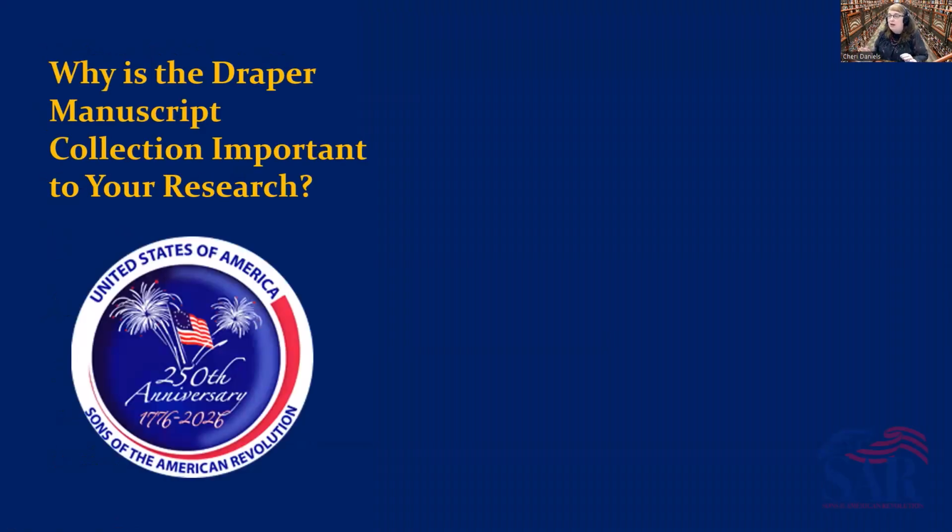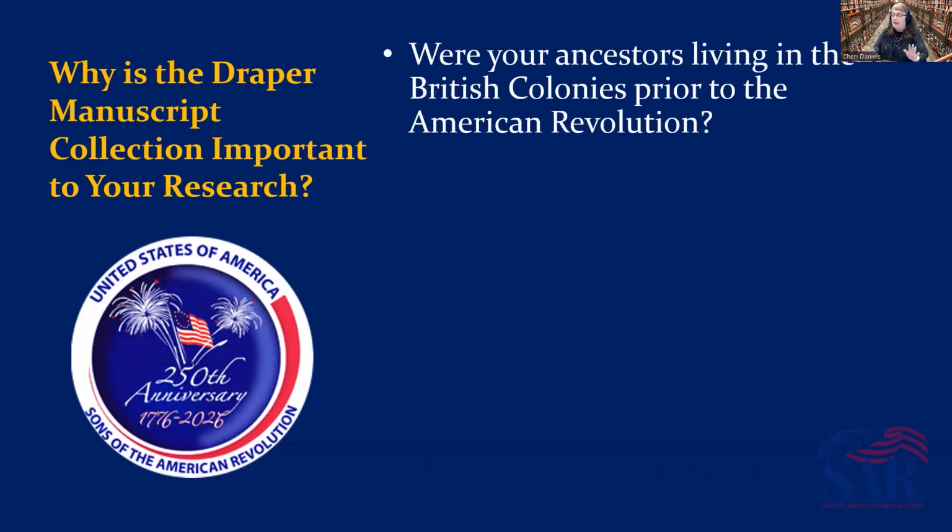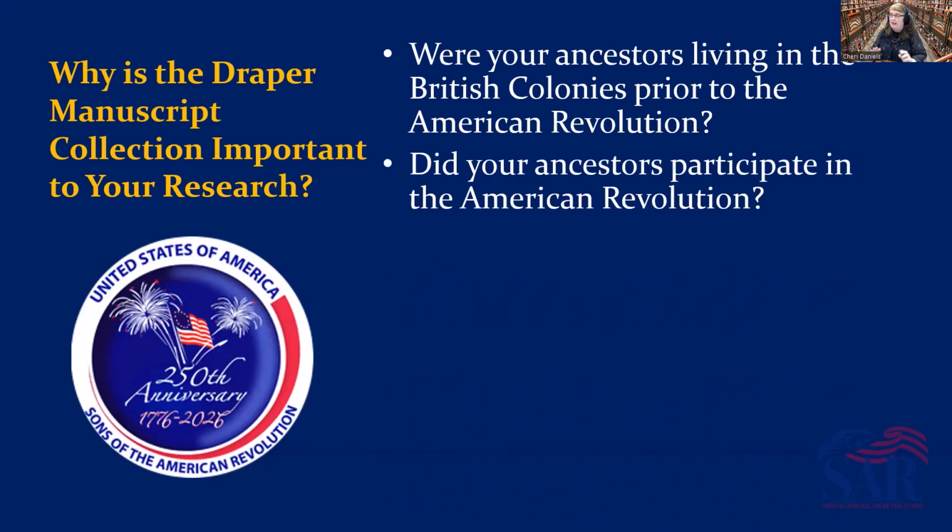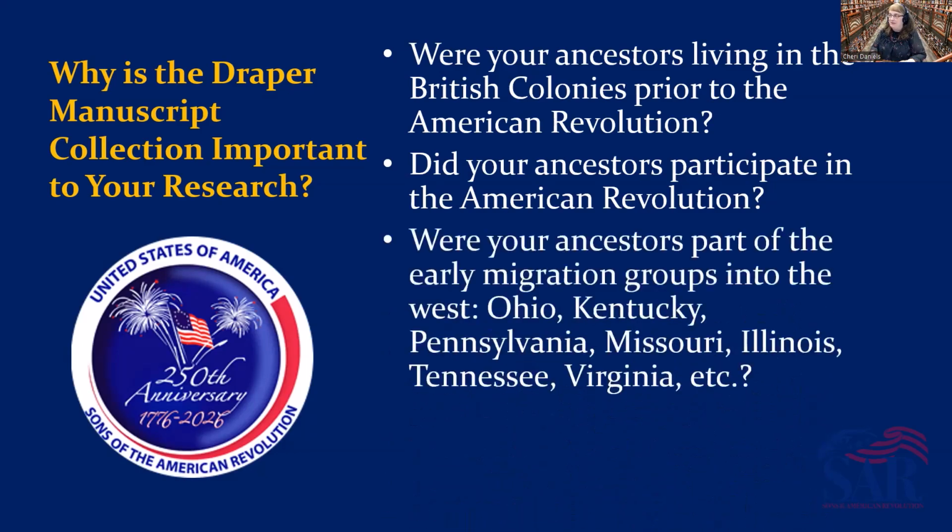So why is the Draper Manuscript Collection important to your research? If you had any ancestors living in the British colonies prior to the American Revolution, this is a resource you want to pay attention to. Did your ancestors participate in the American Revolution? Once again, this is a collection that you need to have on your radar.